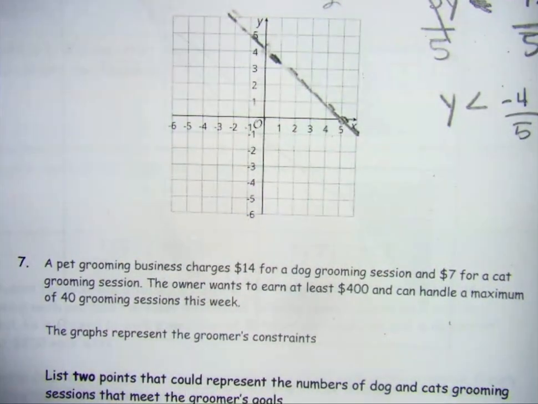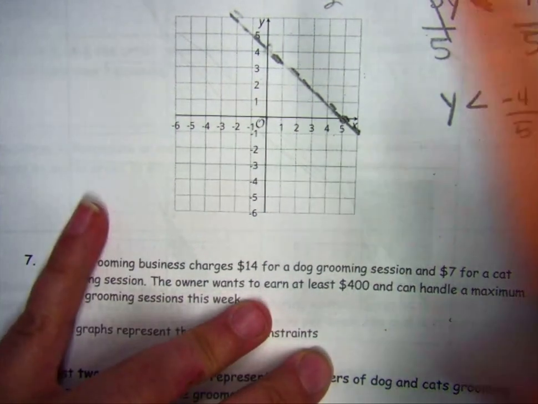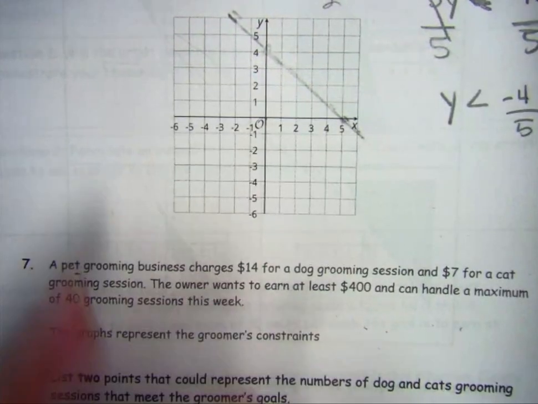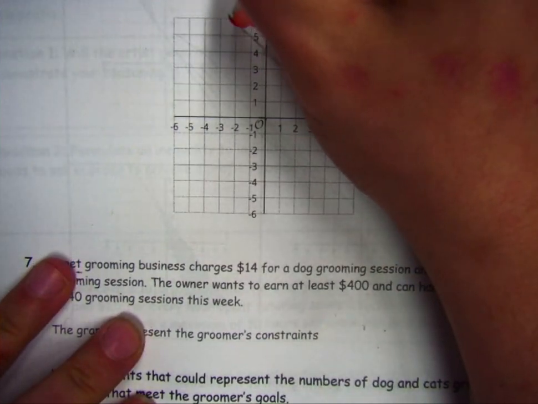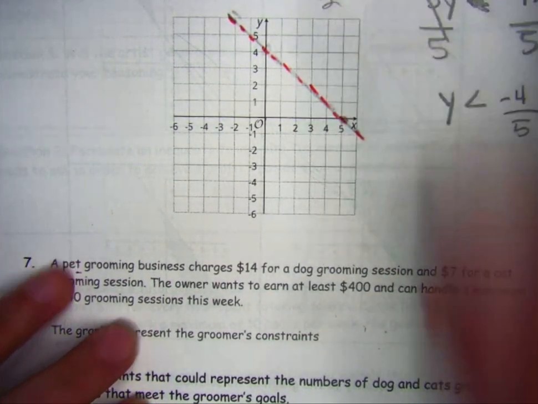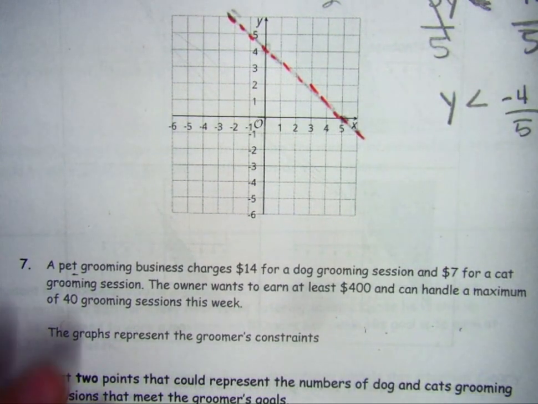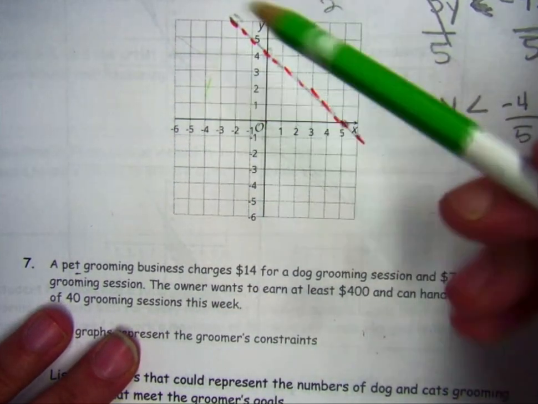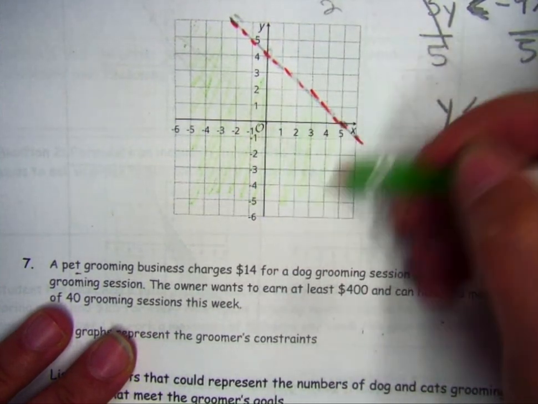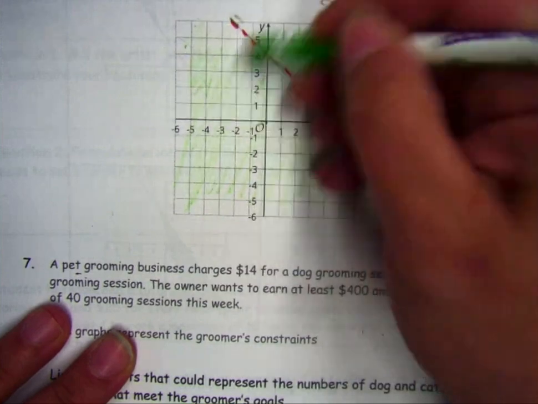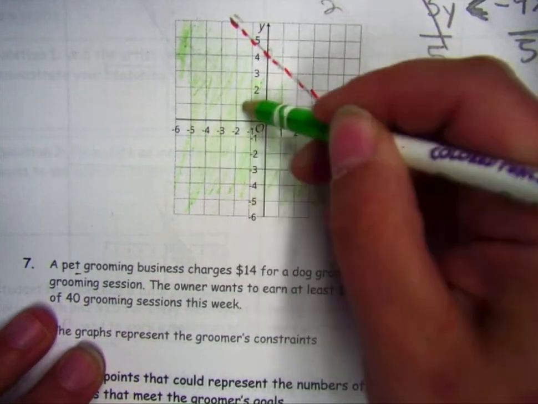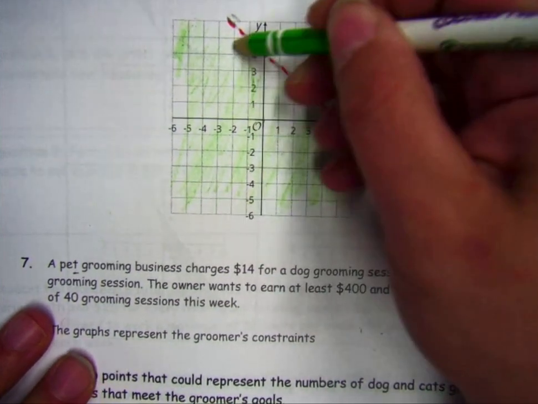And it looks really hard to tell that I dashed it, so I'm going to go over it again. And this is going to shade because it's less than, it's going under the line. Okay, pretty simple.